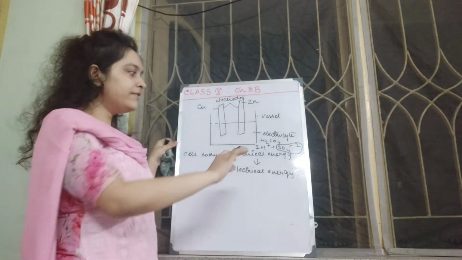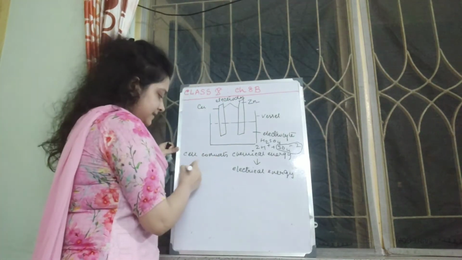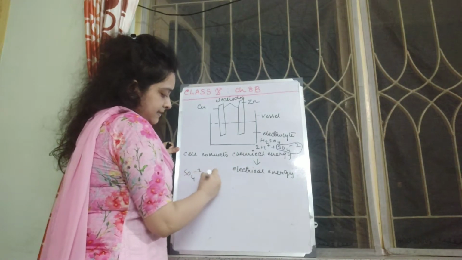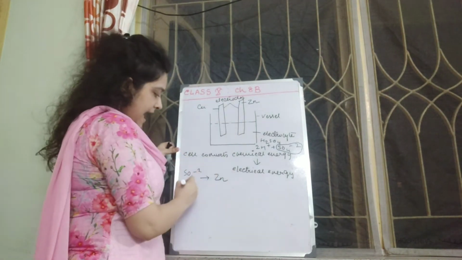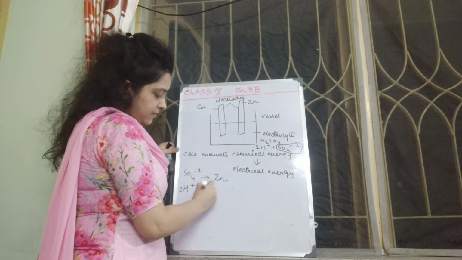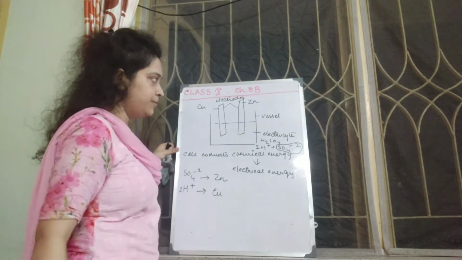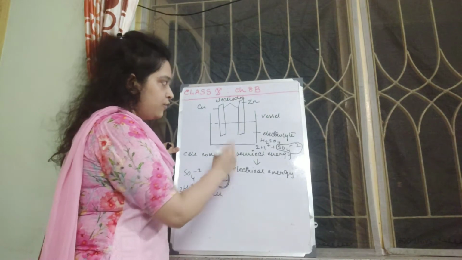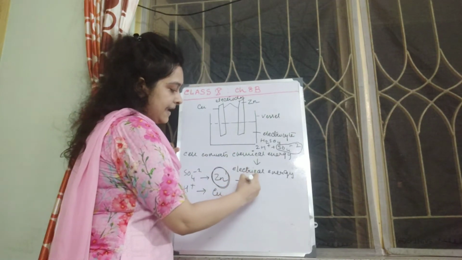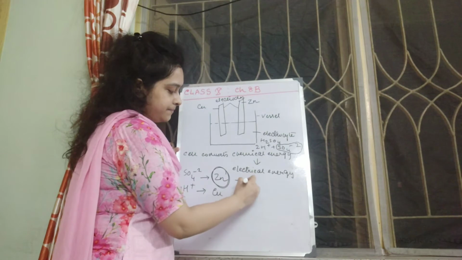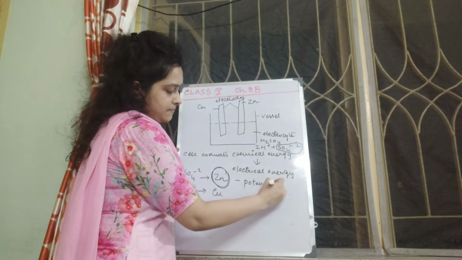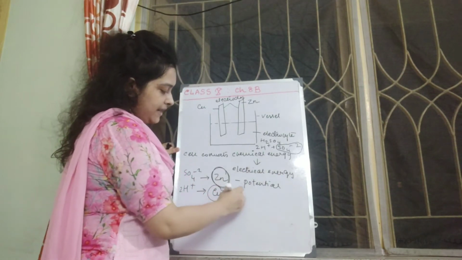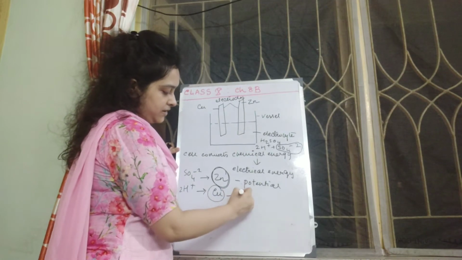We will find that these ions move towards the zinc electrode and those towards the copper electrode. Then obviously the zinc electrode will now become negative potential and the copper electrode will gain positive potential.